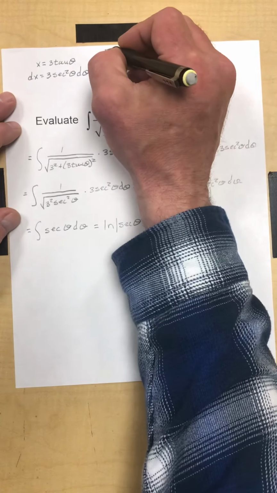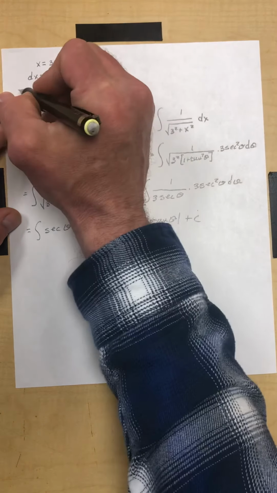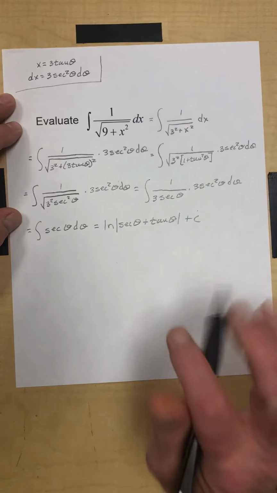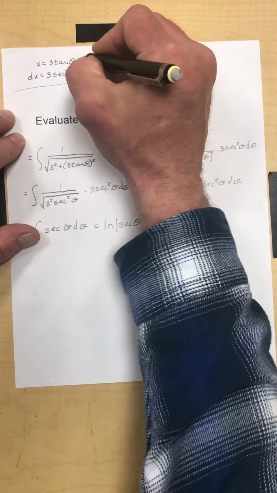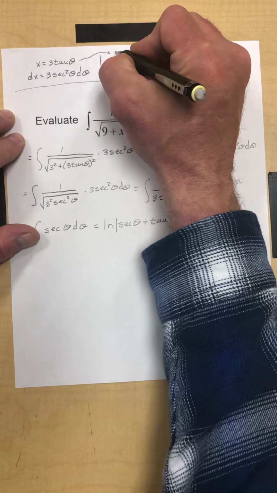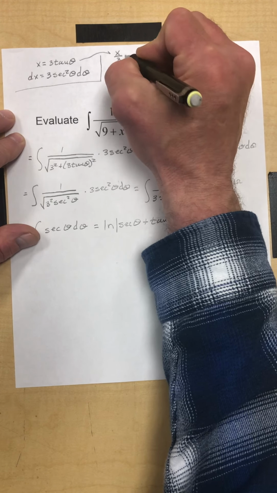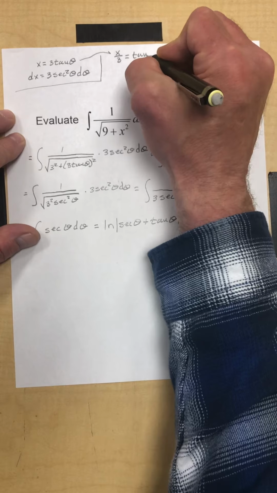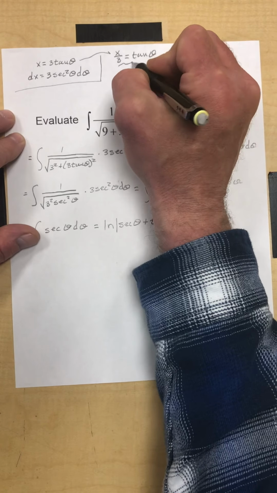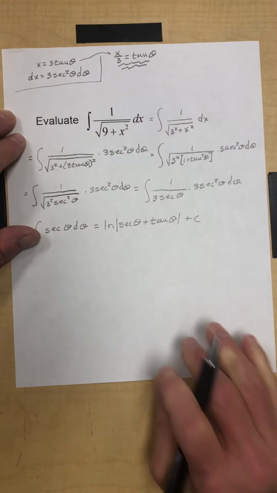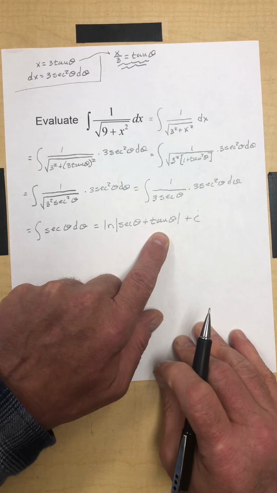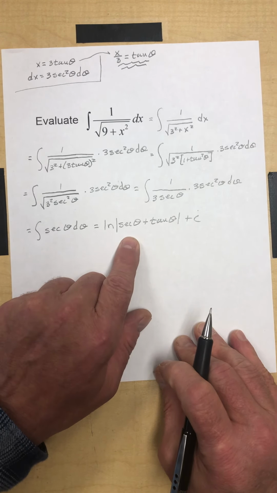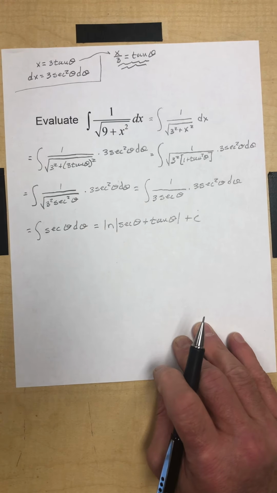Okay, so let's see. If I go back up here, tangent of theta. Wouldn't this just give us x over 3 is equal to tangent of theta? So I've got something to put in for tangent of theta. That's good. Now I need something to put in for secant of theta.